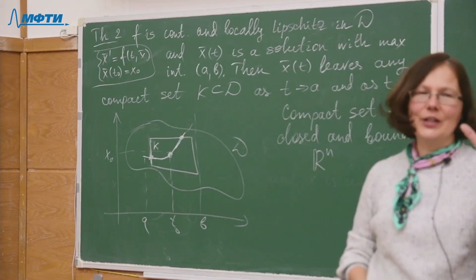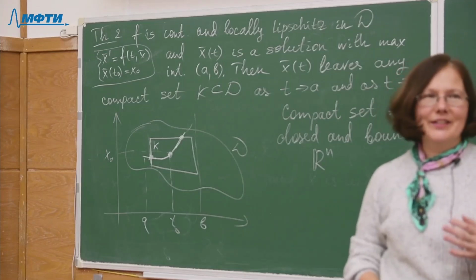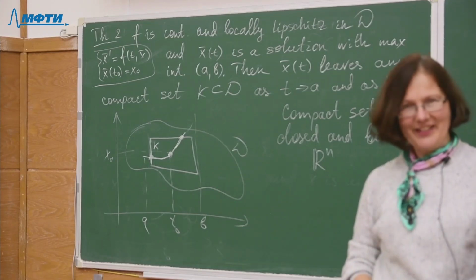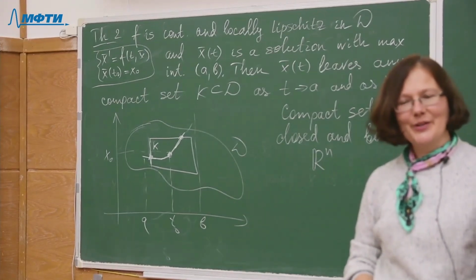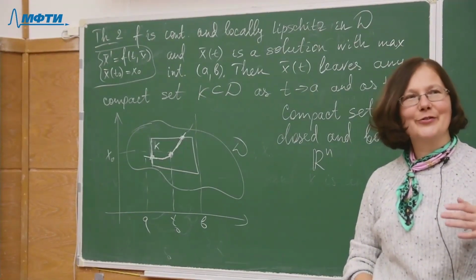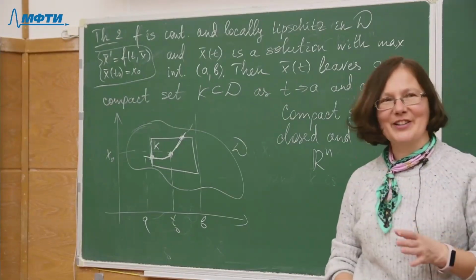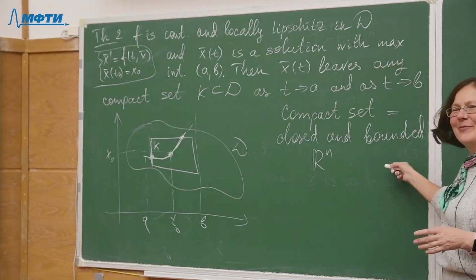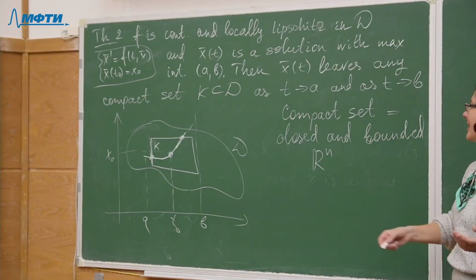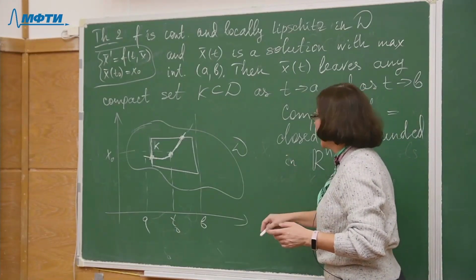We consider any open cover of this compact set, and there is a finite subcover of any open cover of the compact set. Have you heard anything about a cover? If not, I will not mention it, so let it be the definition. A compact set is the same as a closed and bounded set in Rn, and we are in Rn.